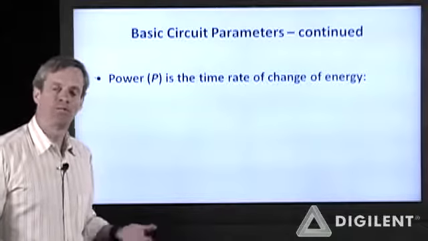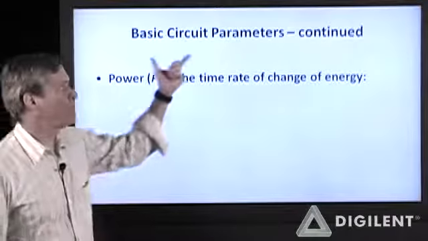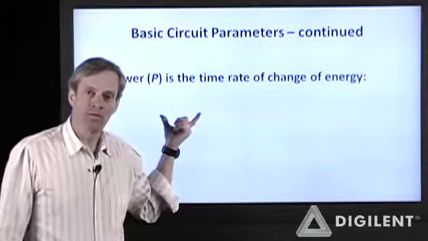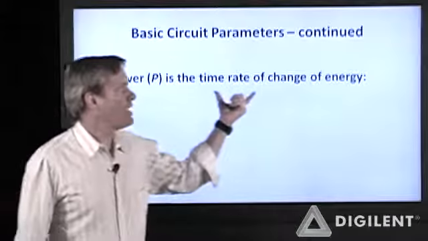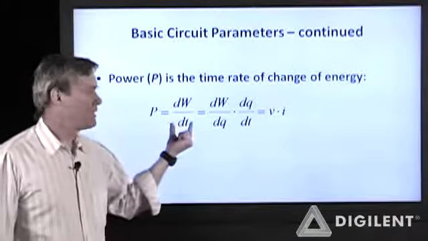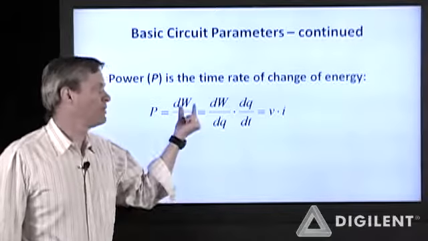The final parameter of direct concern to us at the moment is going to be power. Power is, consistent with your physics class, the rate of change of energy with time. So power is dW/dt, where W is energy.